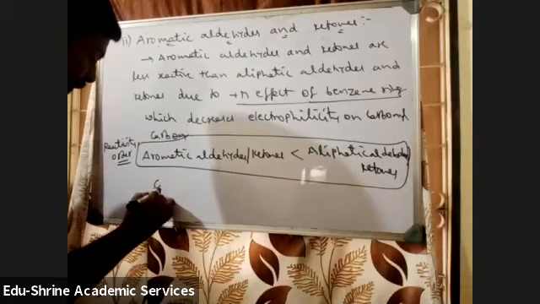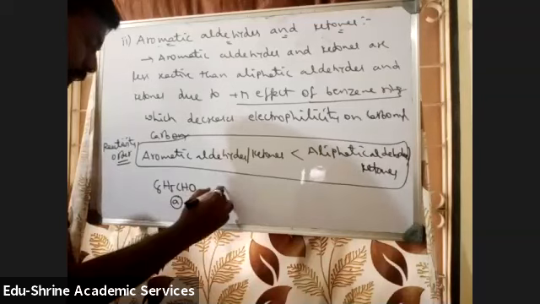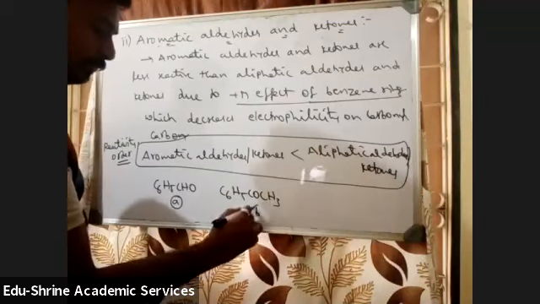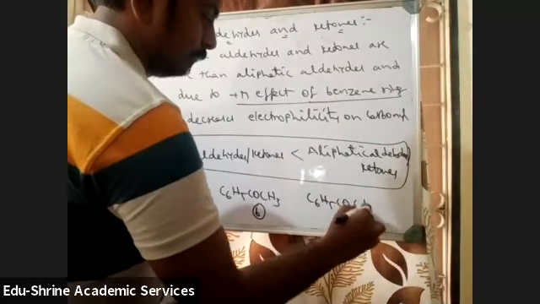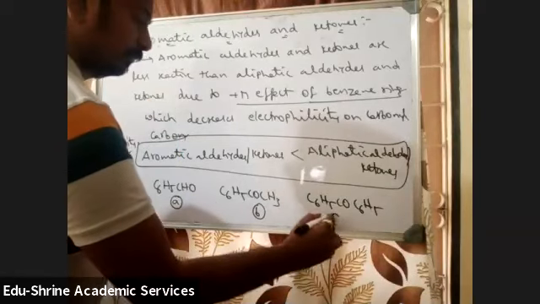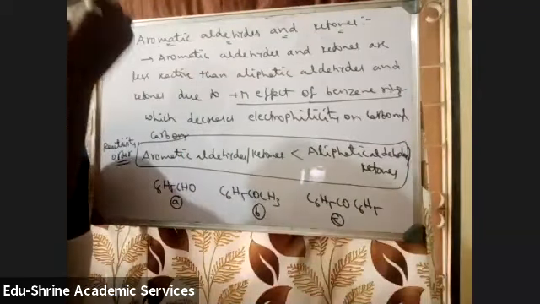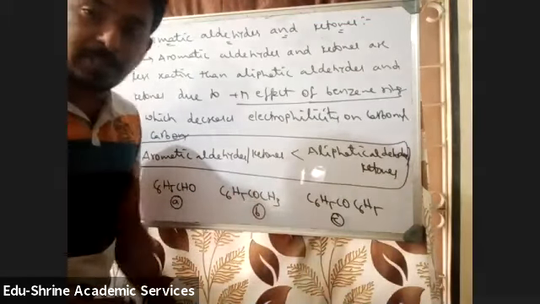For example, tell me what will be the reactivity order of these? One is an aromatic aldehyde. This is an aromatic ketone. This is also an aromatic ketone.